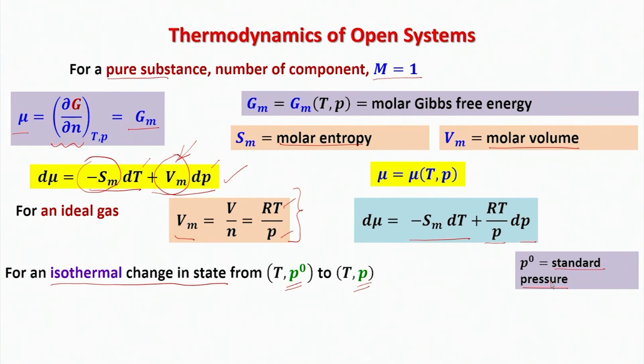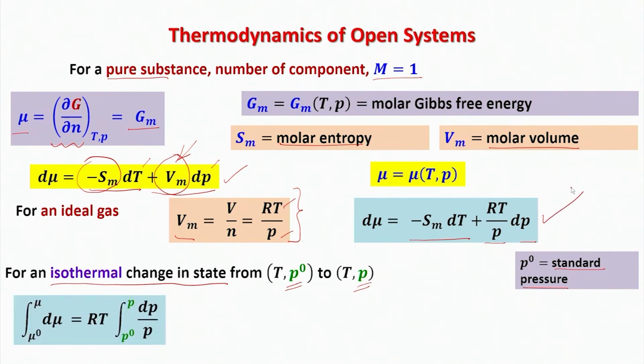And then I can write down that this equation can now be integrated starting from the standard state where mu is equal to mu naught, and I go over to the pressure P where mu is equal to some given value mu. And under such condition, as you see, it's isothermal and therefore dT would be equal to 0. So how many terms shall I have on the right hand side here?